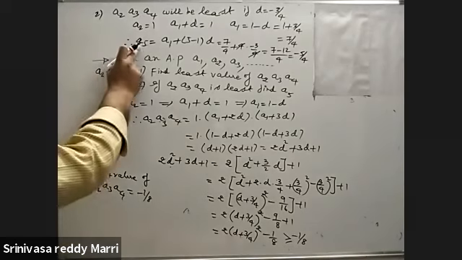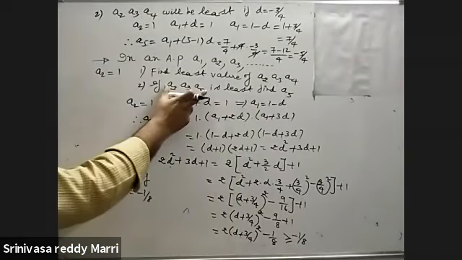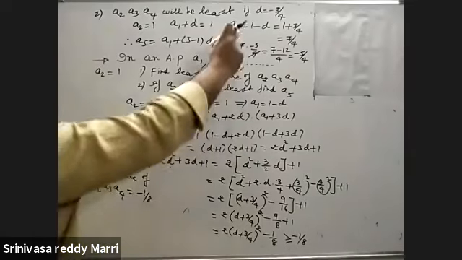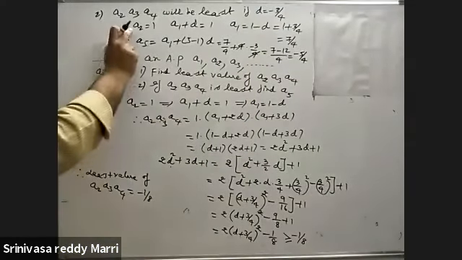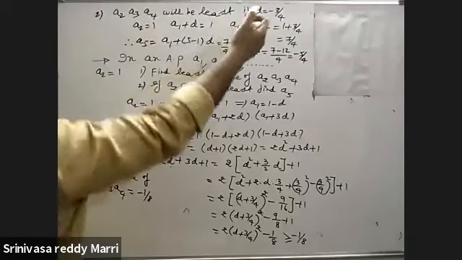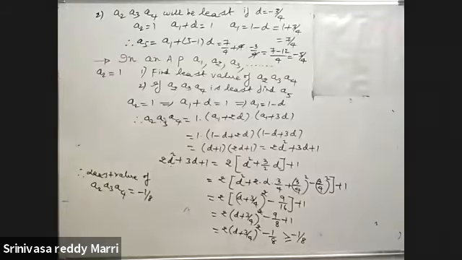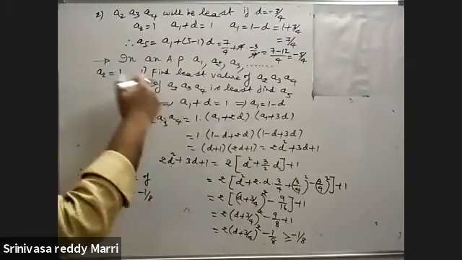So the A5 value is minus 5 by 4. If it is least, then the D value will be minus 3 by 4. That is the concept. If the D value is minus 3 by 4 and he has given A2, then you can calculate the first term. For finding any term, you need the first term and common difference. So this is the concept involved.